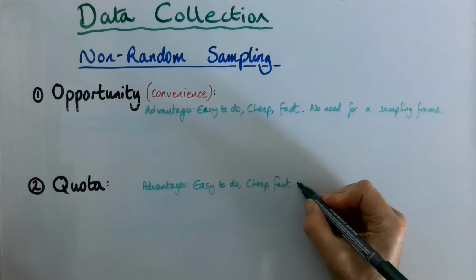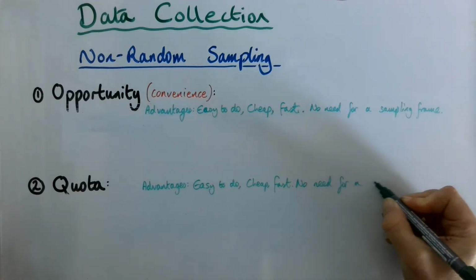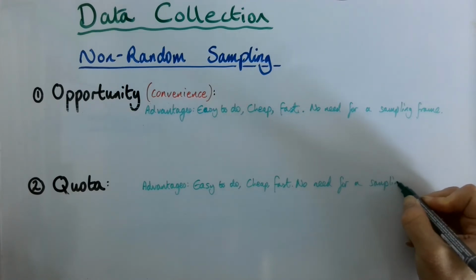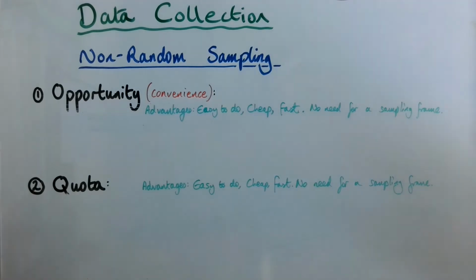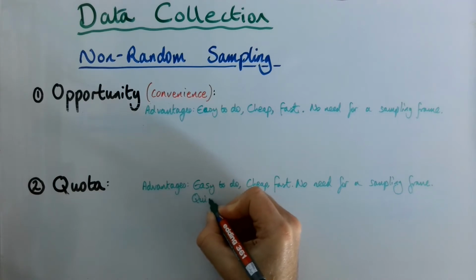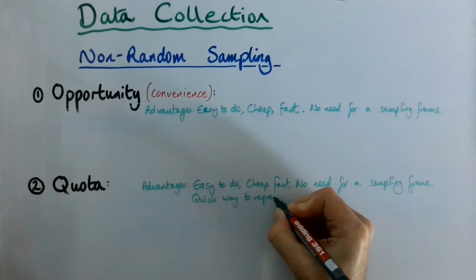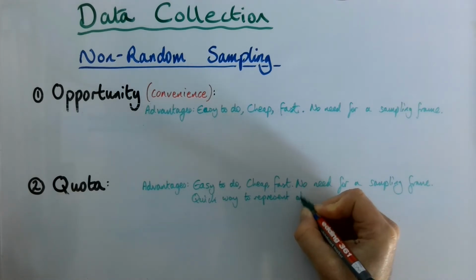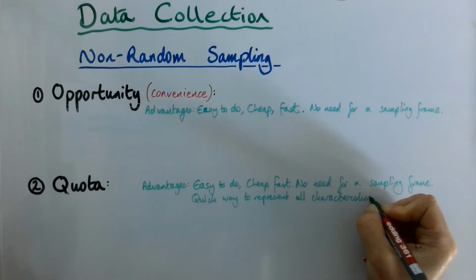And again, you don't need a sampling frame for quota. But there is an added advantage for quota in that it's going to be more representative. So, a quick way to represent all characteristics of a population.